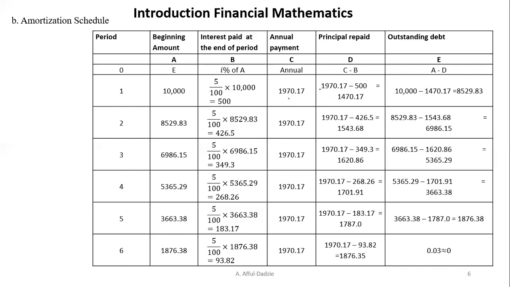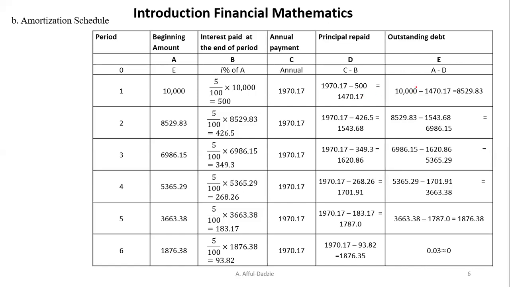So here we have 1970. The principal repaid is the difference between the annual payment and the interest: 1970.17 minus 500, and we have 1470.17. So in actual fact, although you are paying 1970 at the end of year 1 towards your loan, only 1470.17 goes against the loan.